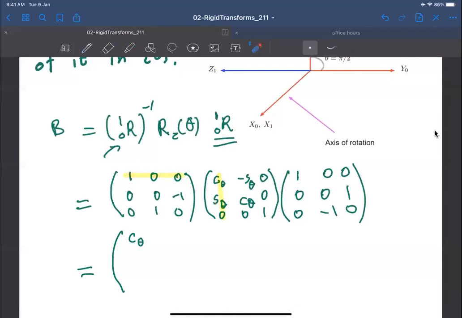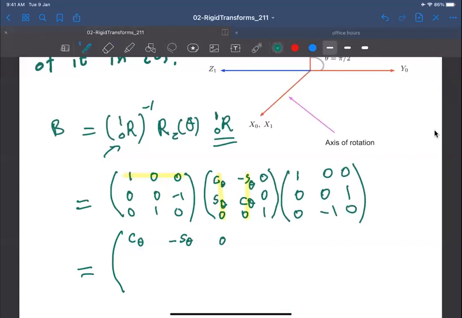The only multiplication that gives us a value is 1 times cosine theta. And next, row number 1 and column number 2 gives us the second column in row number 1. So this is going to be a minus sine theta, and then a 0.